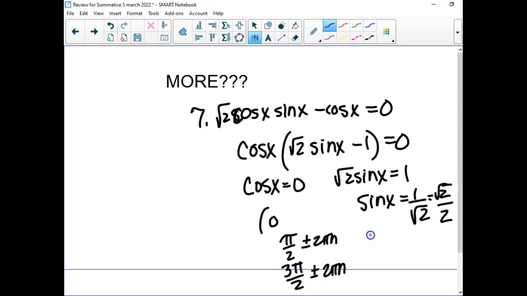And the sine is square root of 2 over 2, I think is pi over 4 and 3 pi over 4. Did I get those both right? All right. I really need you to be good at equation solving, okay?